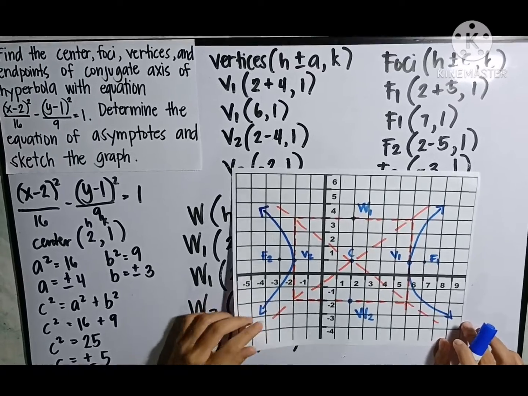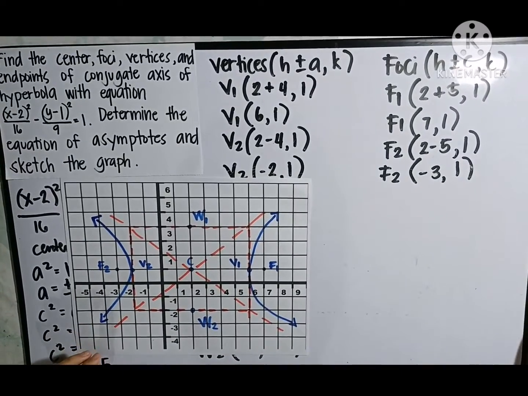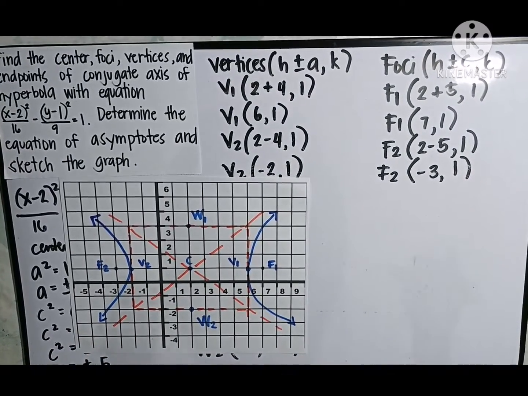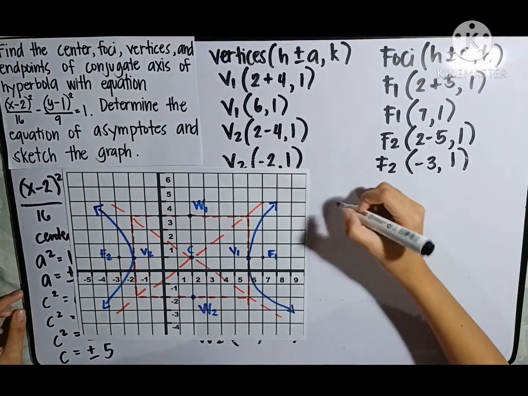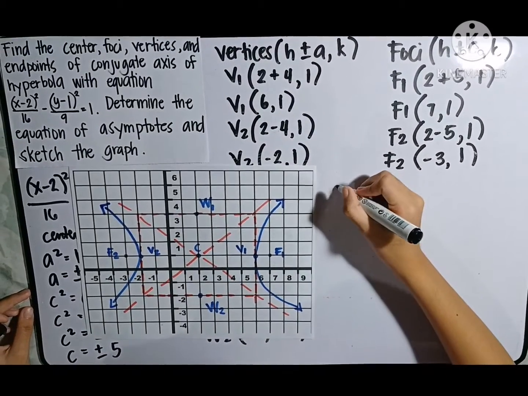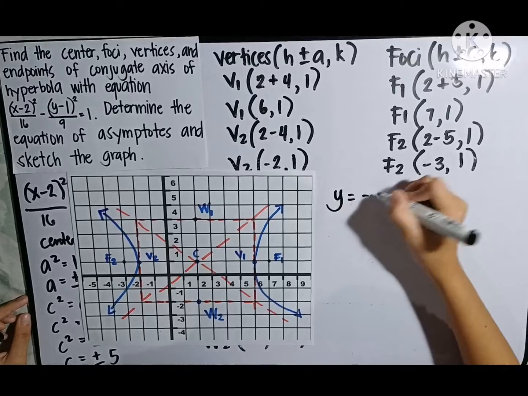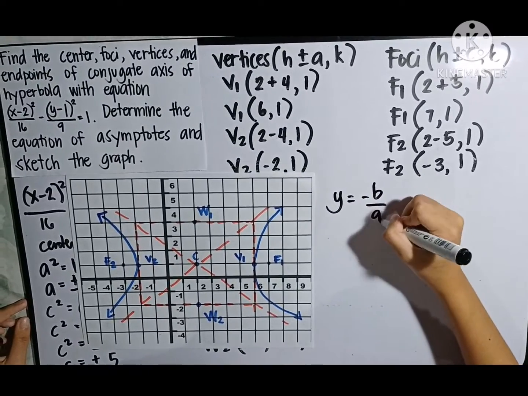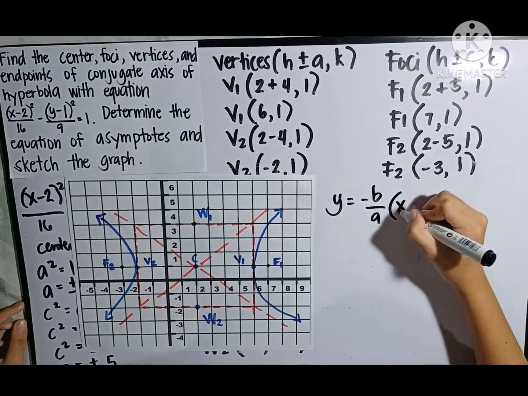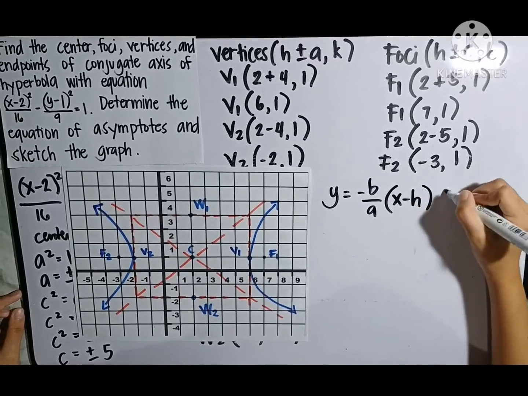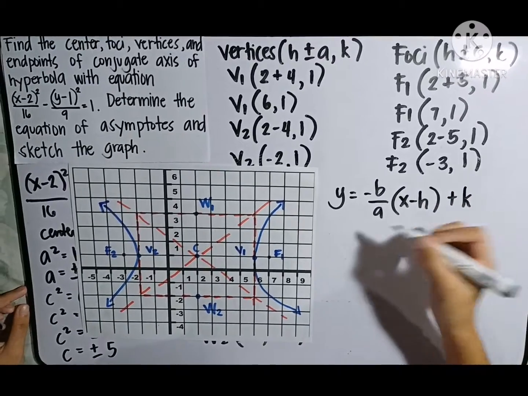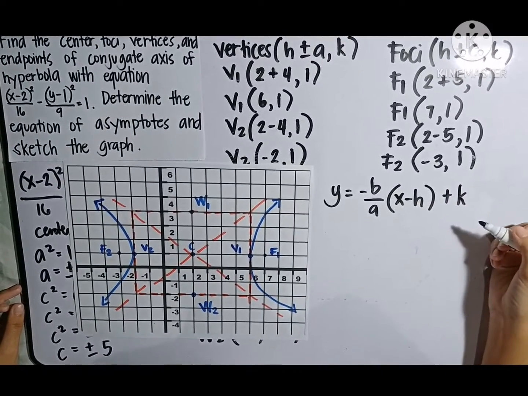The next thing we are just going to do is to find the equation of the asymptotes. The asymptotes will be written as y is equal to negative b over a times (x minus h) plus k. This will be our first asymptote.